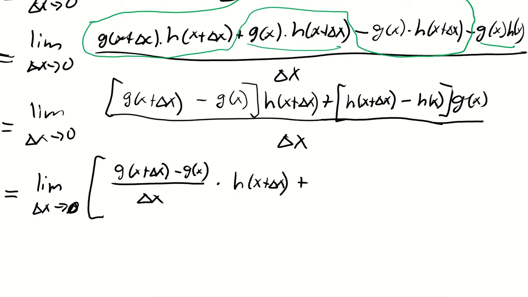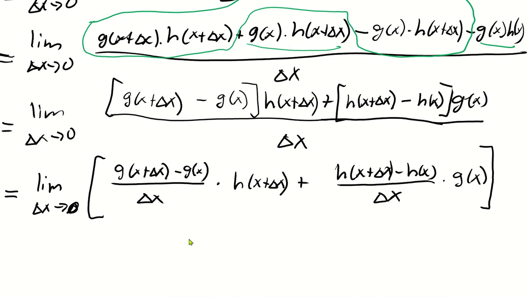Then plus h of x plus delta x minus h of x, all over delta x, multiplied again with g of x.